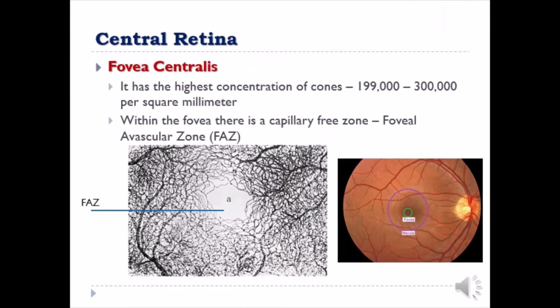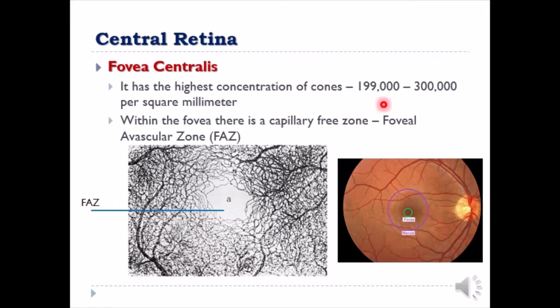Okay, here we go. There are a couple more points we need to discuss about the fovea. As we discussed, the fovea is the central portion of the macula. The macula is the bigger area, and macula is temporal to the optic disc, which we already discussed, and it has the highest concentration of cones.